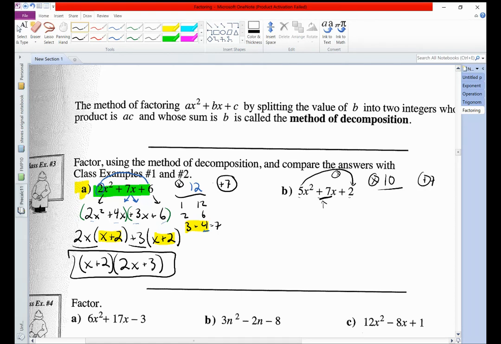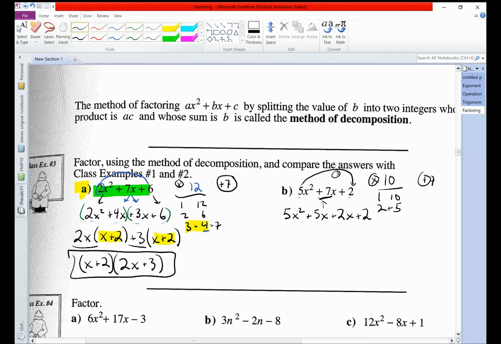So 1 times 10 is 10, 2 times 5 is 10, and 2 plus 5 is 7. So that's perfect. So I'm going to rewrite my trinomial, 5x squared, and I can split my 7x into plus 5x plus 2x plus 2.